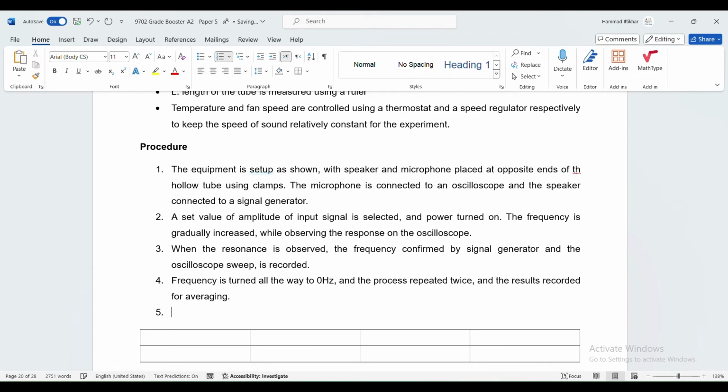Okay. Next up, in this experiment, the tube is replaced by another of different diameter, and the experiment repeated, diameter already measured.